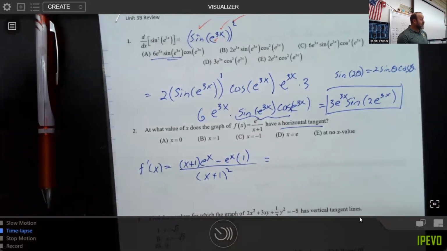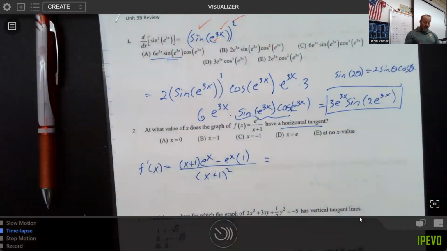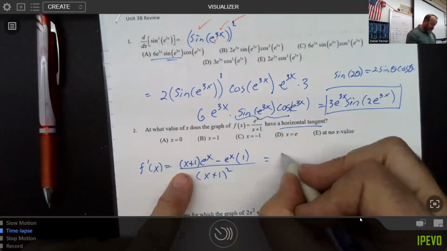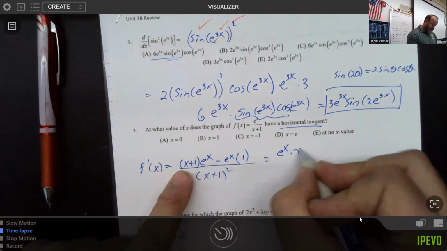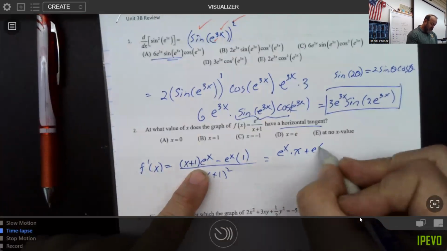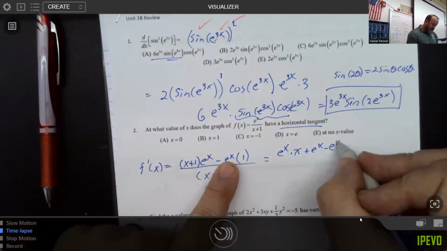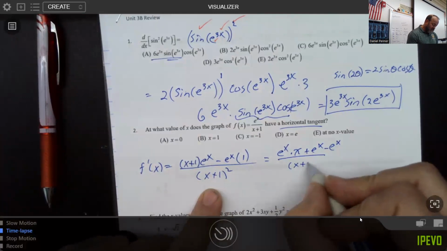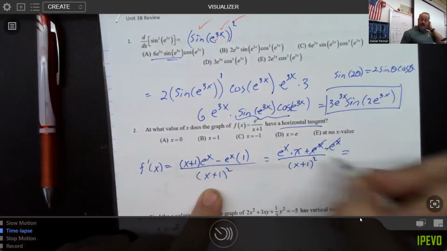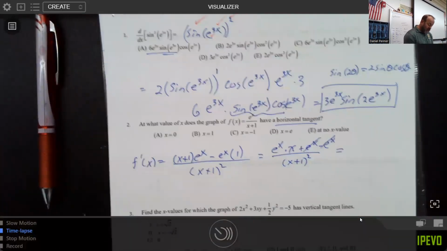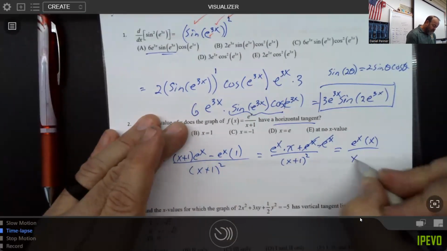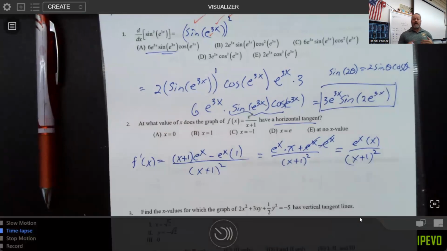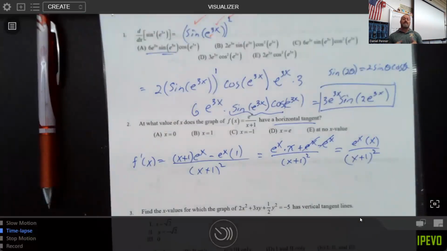Now, in this particular case, if I took just a few moments to simplify it, the distributive property would give me e to the x times x plus e to the x minus e to the x all over x plus 1 squared, which clearly those two things cancel. And so it all comes down to this right here. In this particular situation, they're asking, where is the slope going to be 0?